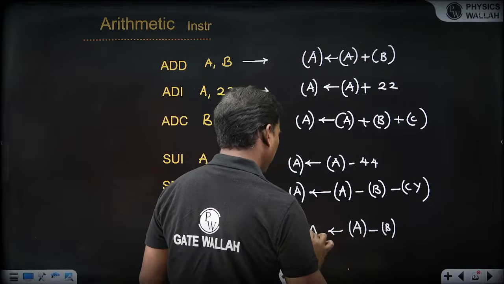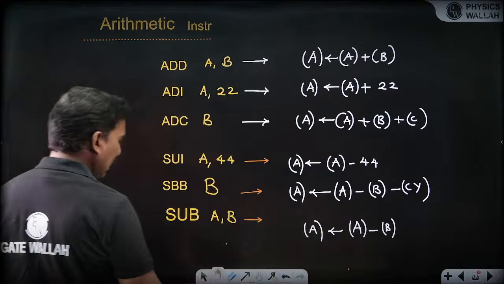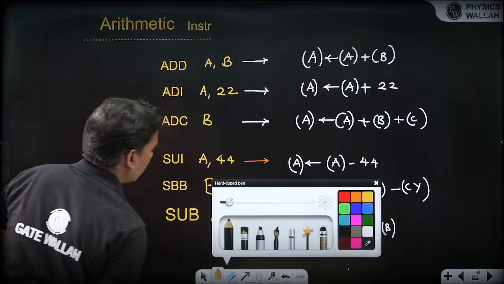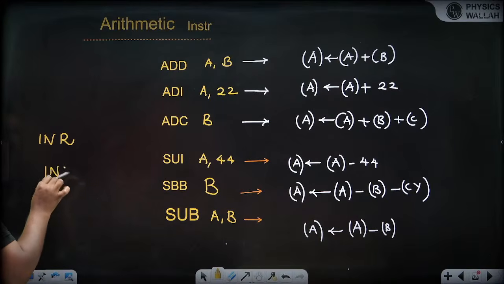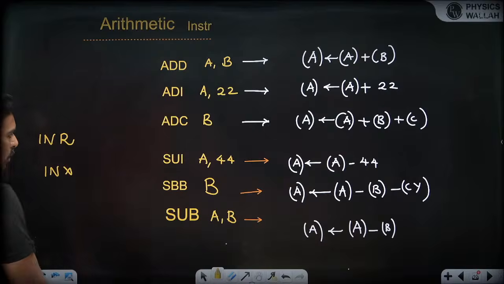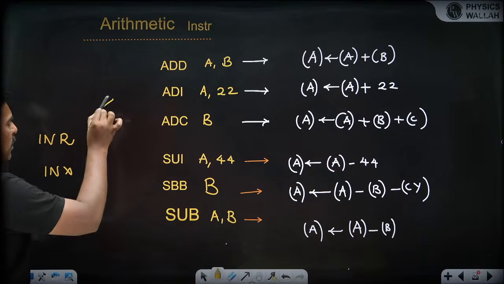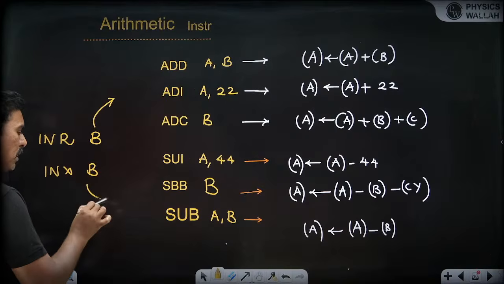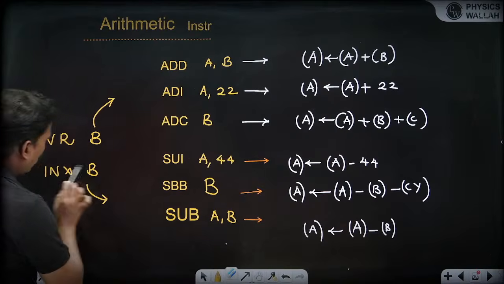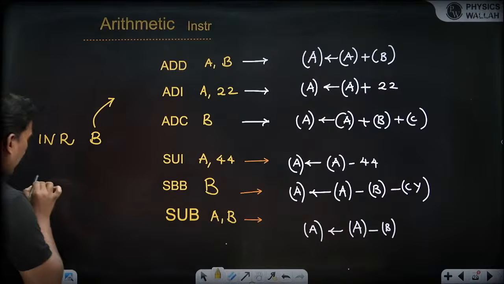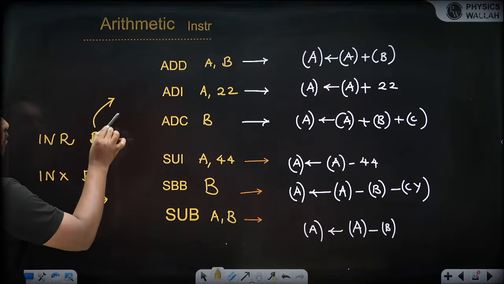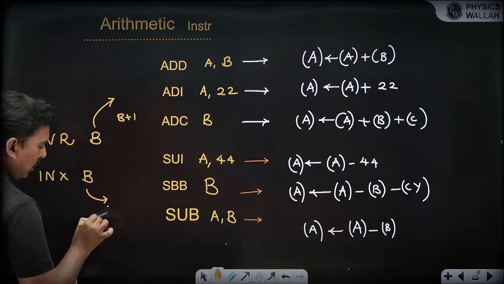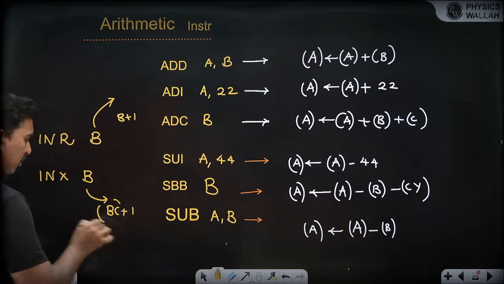And our friend is telling that INR is there, INR is also there, INX is also there. When I say INR B, B will be incremented; INX B, BC will be incremented. So try to understand very fast. This is INX. So this is B plus 1, this is BC plus 1.